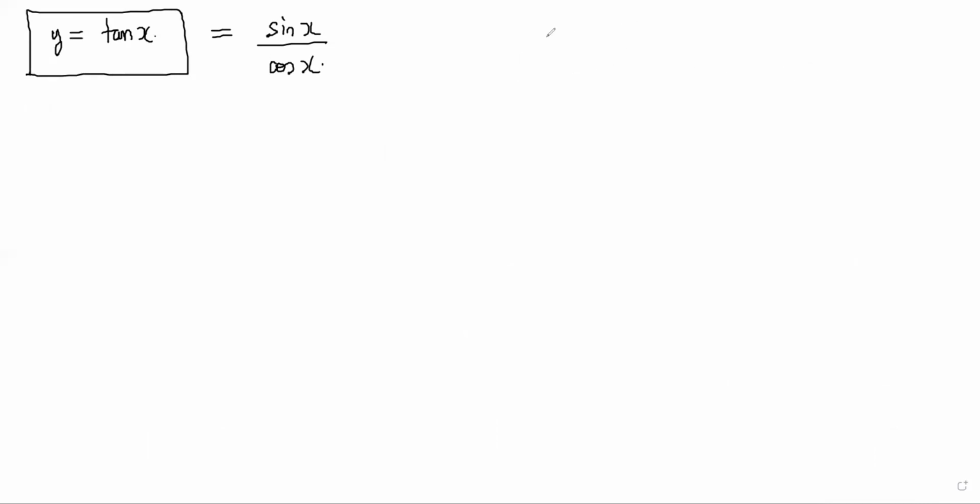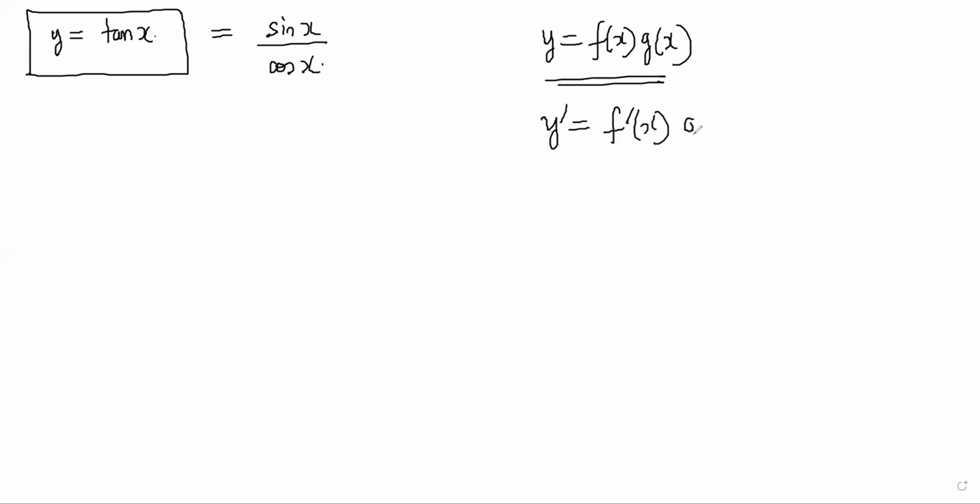Today I have learned that product rule happens, and I know what to do: to differentiate, I have to do f dash x g of x plus f x g dash x, right?